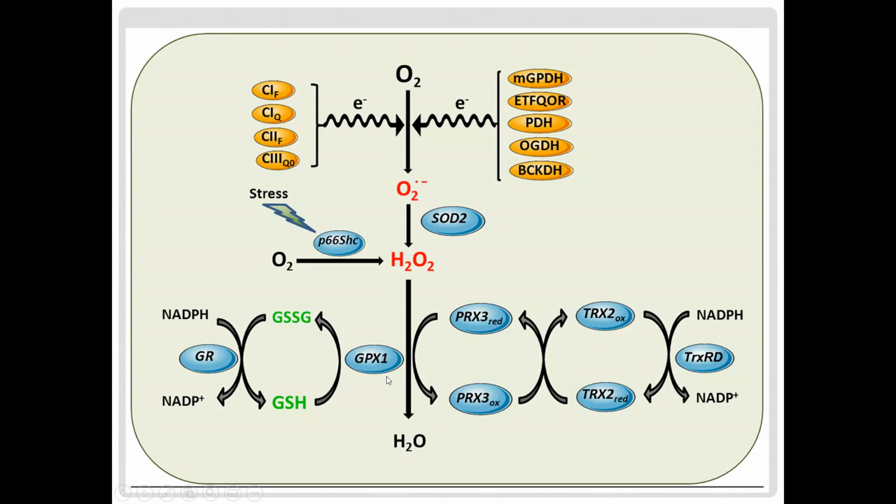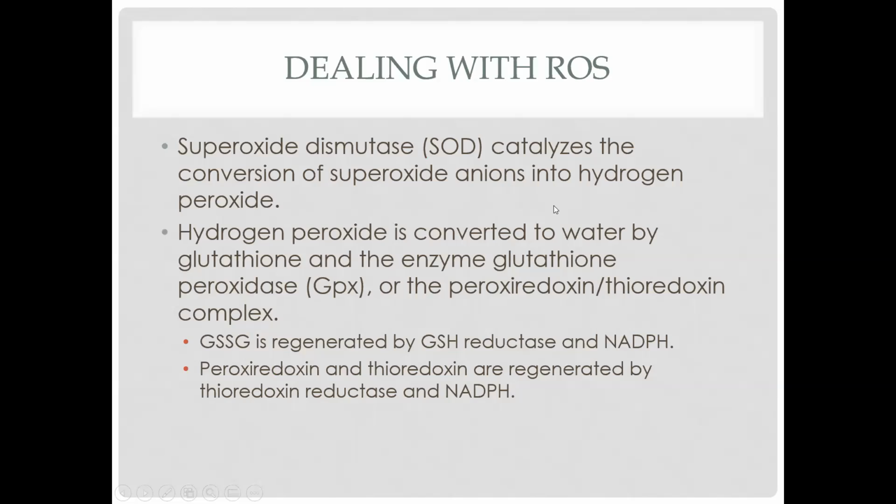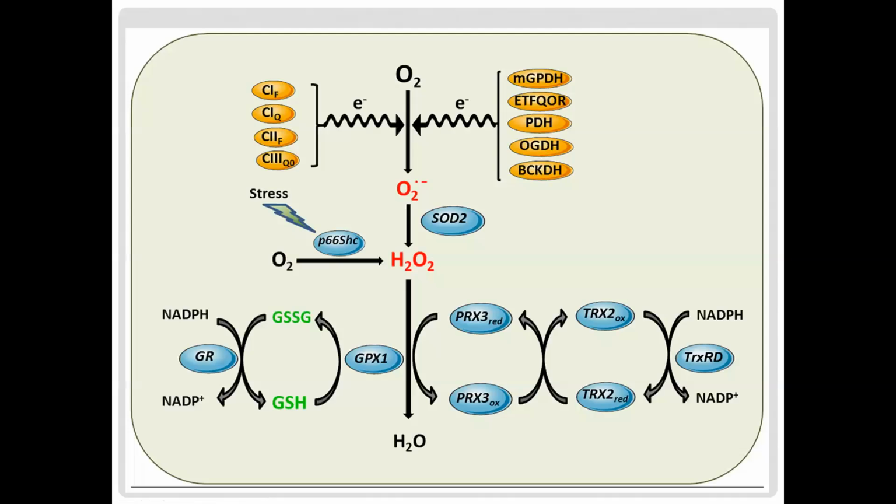Here's glutathione reductase and glutathione peroxidase. That converts glutathione to the dimeric version, which is regenerated by the reductase. Superoxide dismutase converts it to the peroxide, and then back to water. So you have several different mechanisms: glutathione peroxidase, the peroxiredoxin, thioredoxin complex, and what have you.